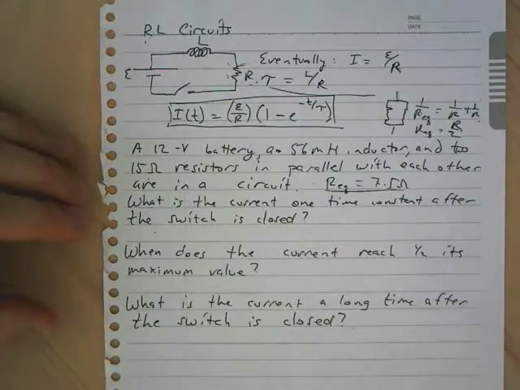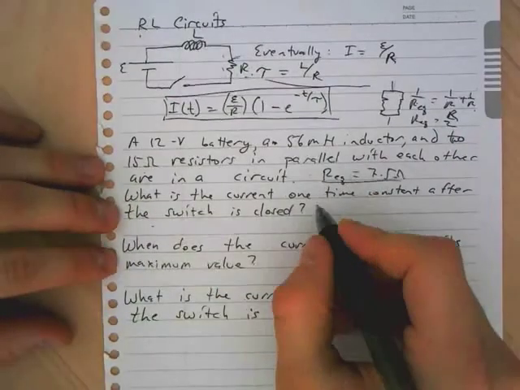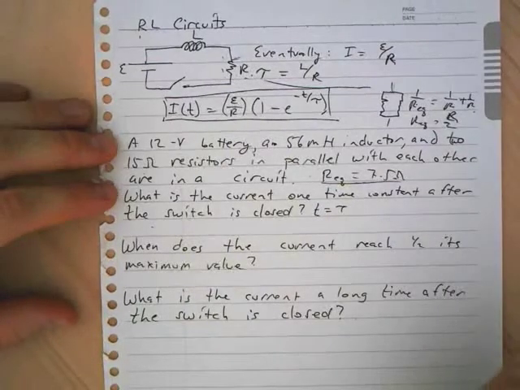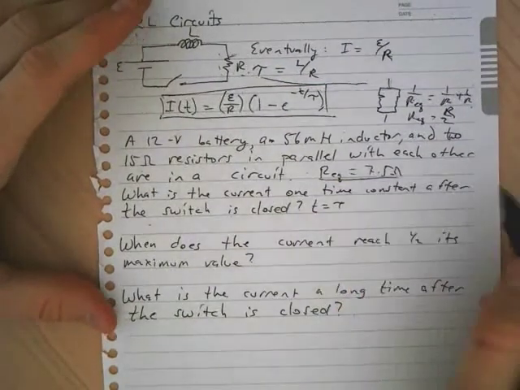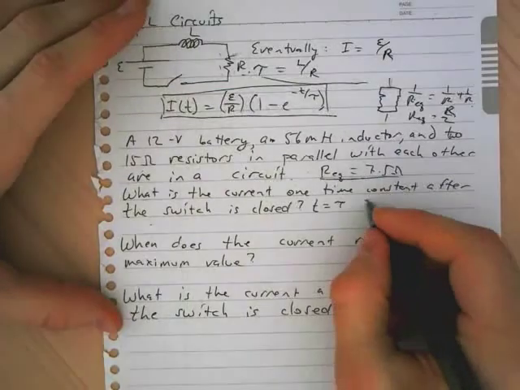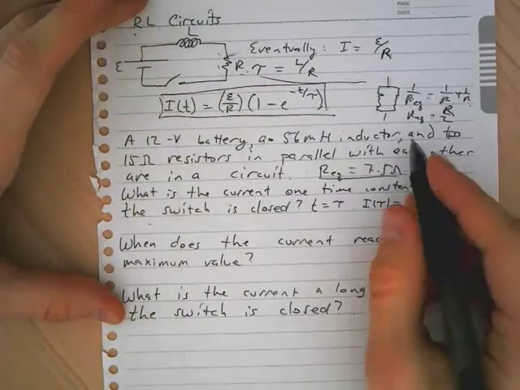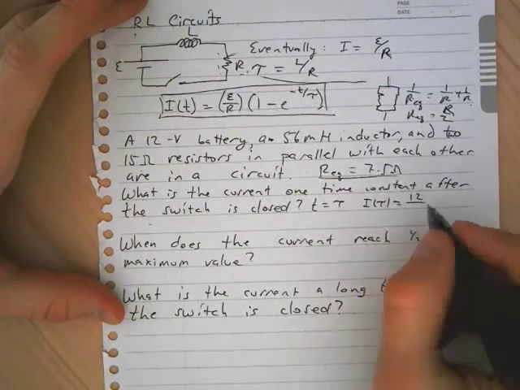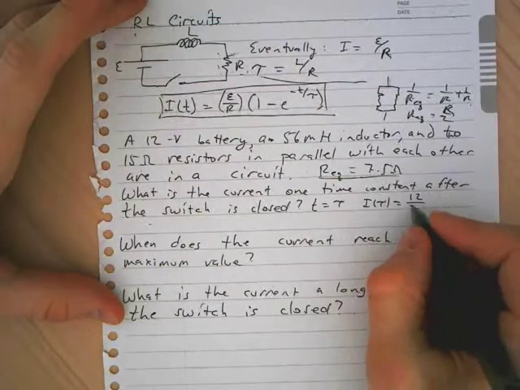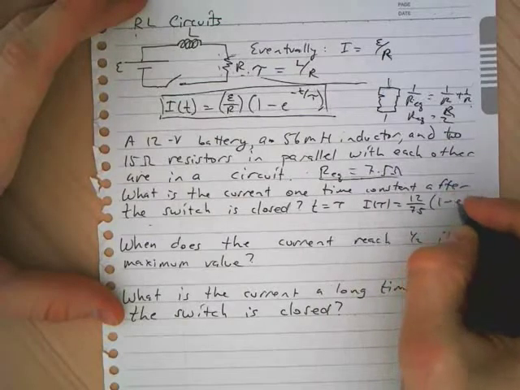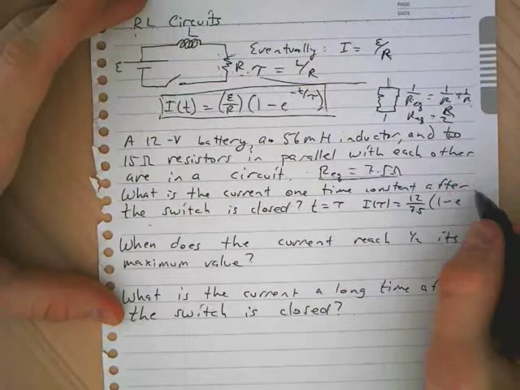So then what is the current one time constant after the switch is closed? Well, this means we're looking at when t equals tau. And when t equals tau, we have the current I of tau equals the EMF of the battery, 12, over the equivalent resistance of 7.5, times 1 minus e to the minus tau over tau.